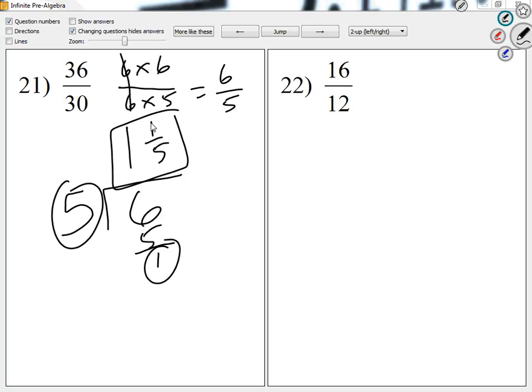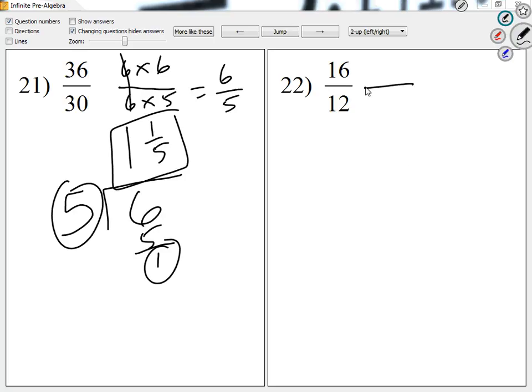Once again, if we have the bigger number on top, we're going to finish with a mixed number. Remember, I call it a mix because there's a whole number and a fraction. On the fraction, we cannot have the bigger number on top. We call that improper, which means it's not proper. Improper fraction.